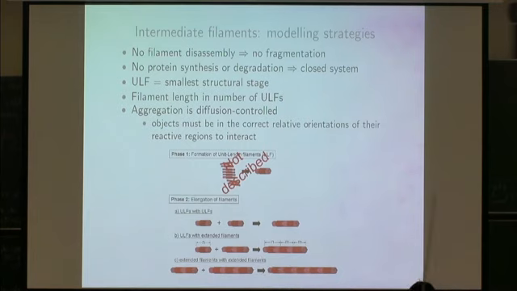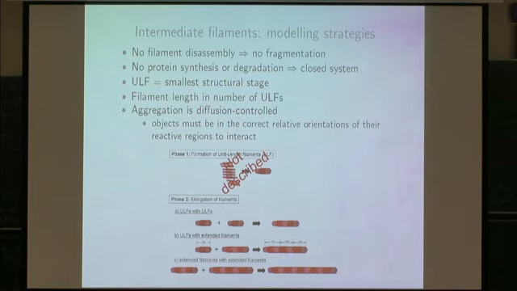After, maybe I did not mention that before, but I can have the mean length, the length of the filament, not in nanometer or in micrometer, but in number of ULF. Even if there is interdigitation, we know exactly how much a ULF is going to contribute to the length of the filament.